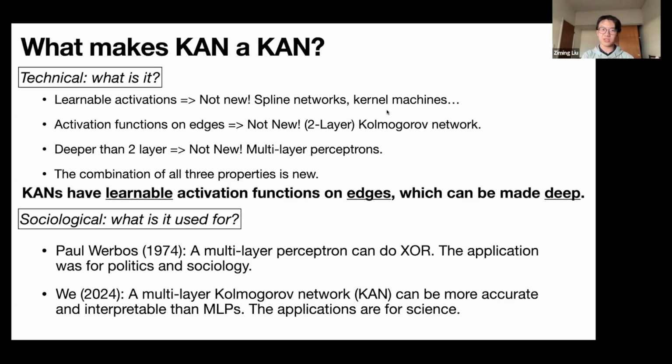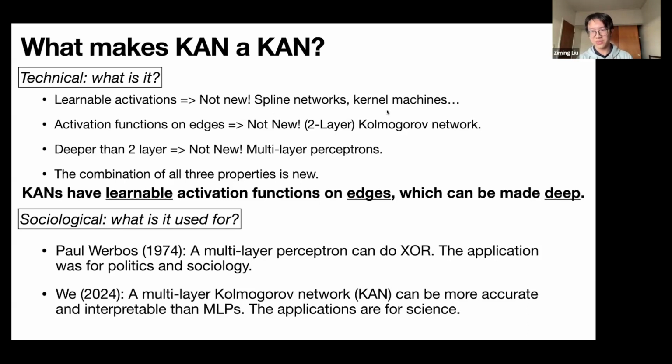From a sociological or practical level, I think it's more proper to answer this question from a practical or sociological perspective. Dating back to 1974, our situation is a little bit similar to Paul Werbos's, when he and his advisor realized that although a two-layer perceptron cannot do XOR, a multi-layer perceptron can.